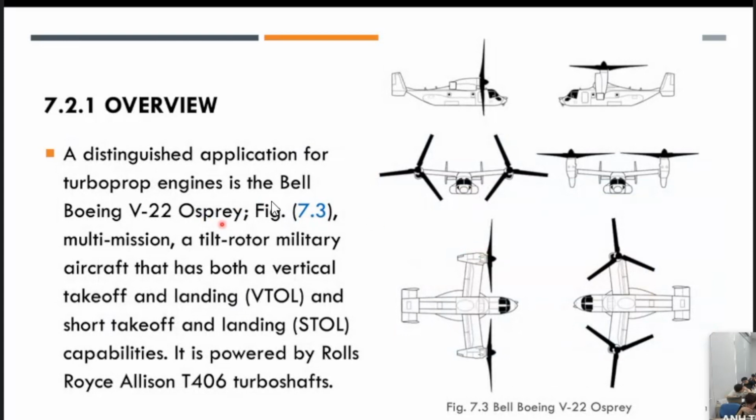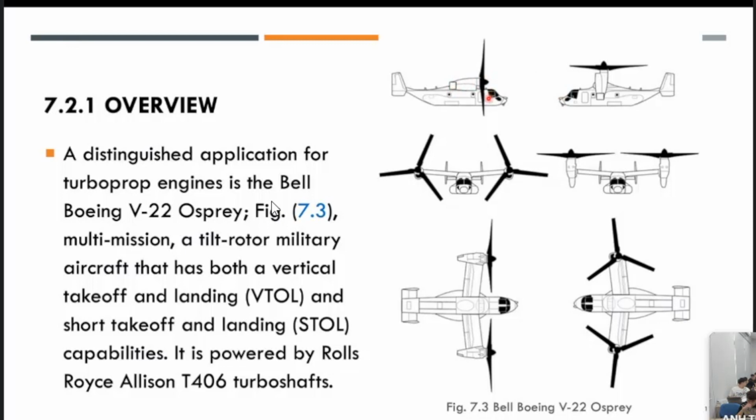A distinguished application for turboprop engines such as the Bell Boeing V-22 Osprey is given in this figure 7.3. You can see that the orientation of the turboprop engines can be tilted, for the purpose of takeoff and for the purpose of cruising.